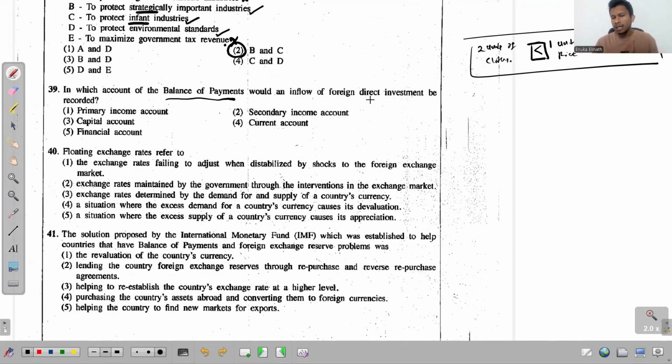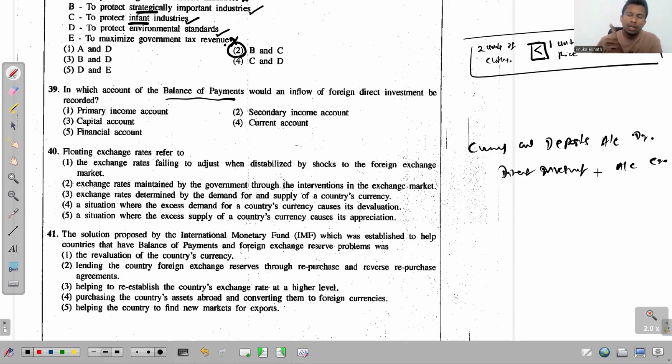The double entry goes like this. We write currency and deposits account, that is debited, and then direct investment account must be credited. So this is how the double entry goes.